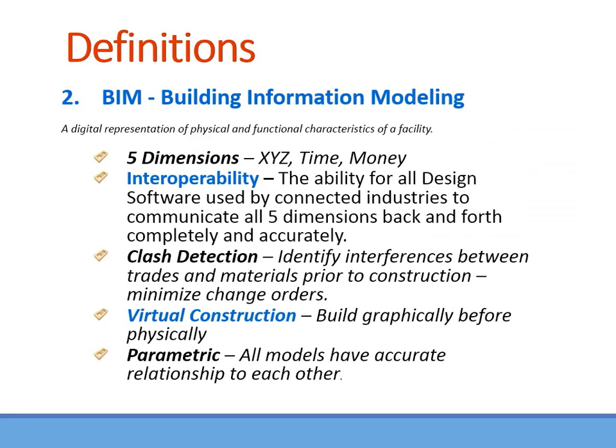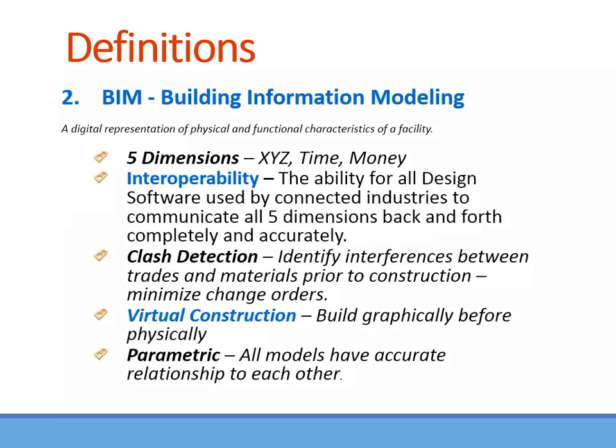Clash detection is where you've got one material running into another in this three-dimensional space, and a lot of times that gets figured out on the job as a change order, and there's a lot of money associated with this. Clash detection identifies these interferences early on. You can go into a three-dimensional model and see those, and if there's interference, it brings that to the designer's attention.